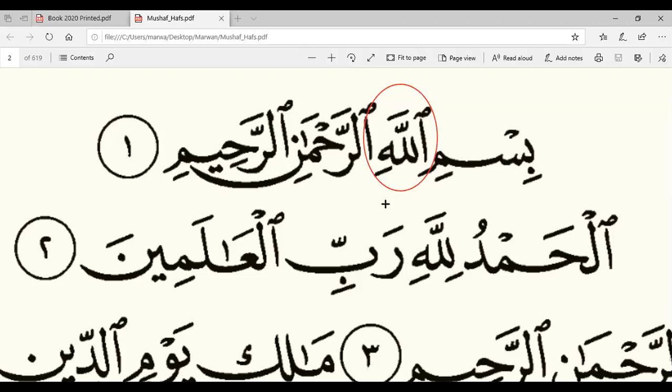Having said that, the name of Allah itself also becomes light. So instead of saying Allah with a heavy lam, it becomes light when there's a kasra right here, right? Just before it. So when there's a kasra before the name of Allah, the name of Allah becomes light.